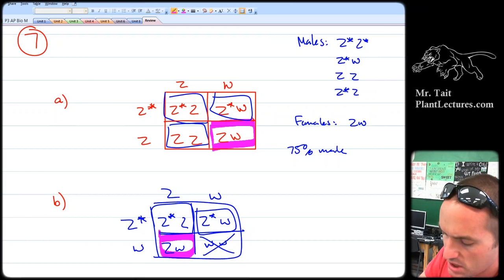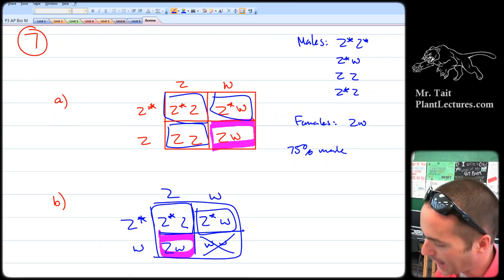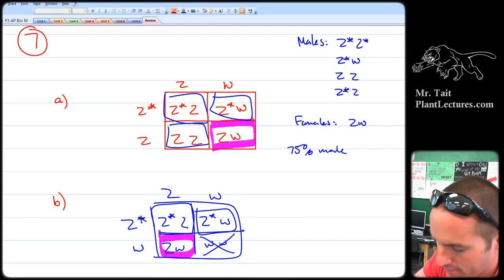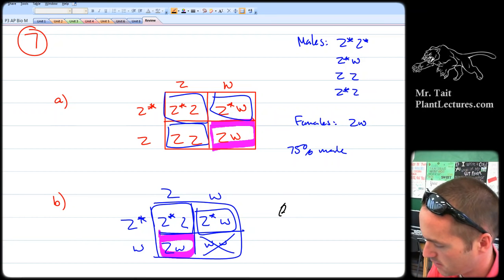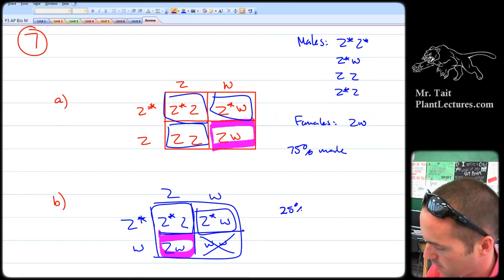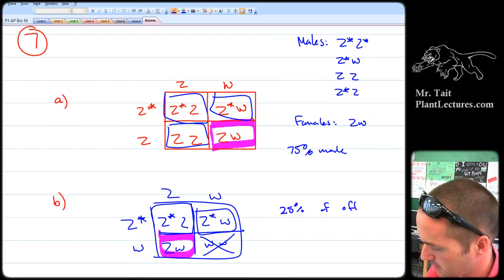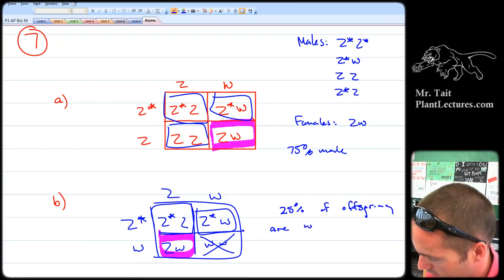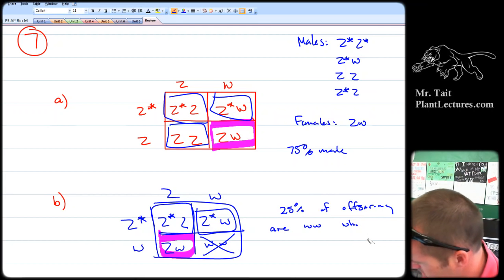And then the question is, why is this bad? It says describe one fitness cost here. Well, 25% of the offspring die, right? I think I wrote something like that. 25% of offspring are WW, which results in death.